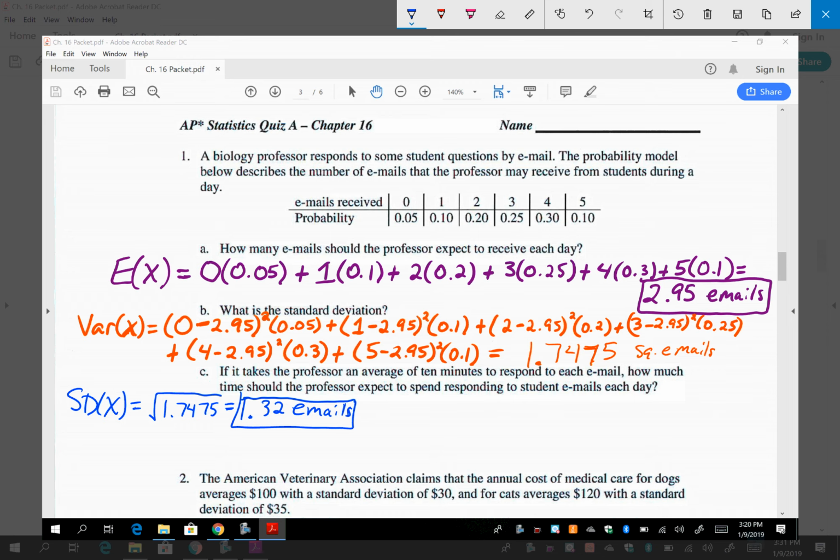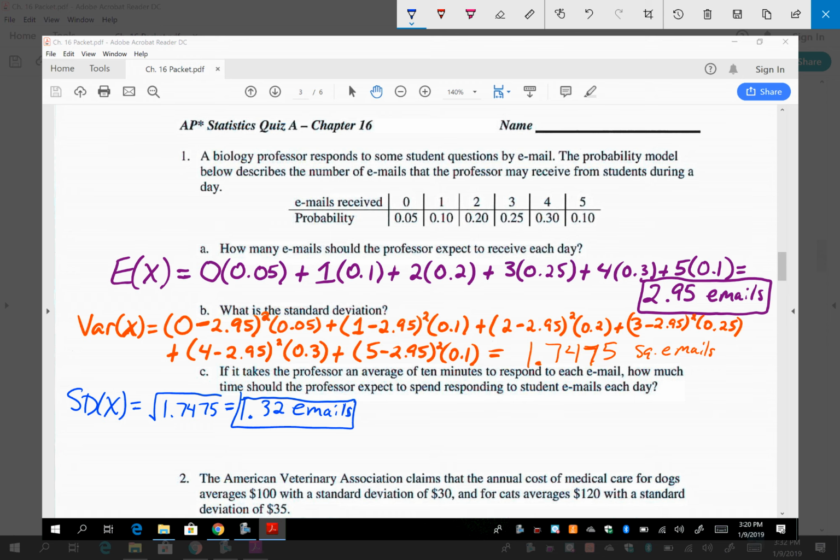Now, a couple of things I want to say about that number to give you a little perspective here. I had a student in a different class get a little confused by this number. This is just a measure of how spread out this data is. Do you see how our data values go from 0 to 5? So our standard deviation is fairly small. Just over one email.